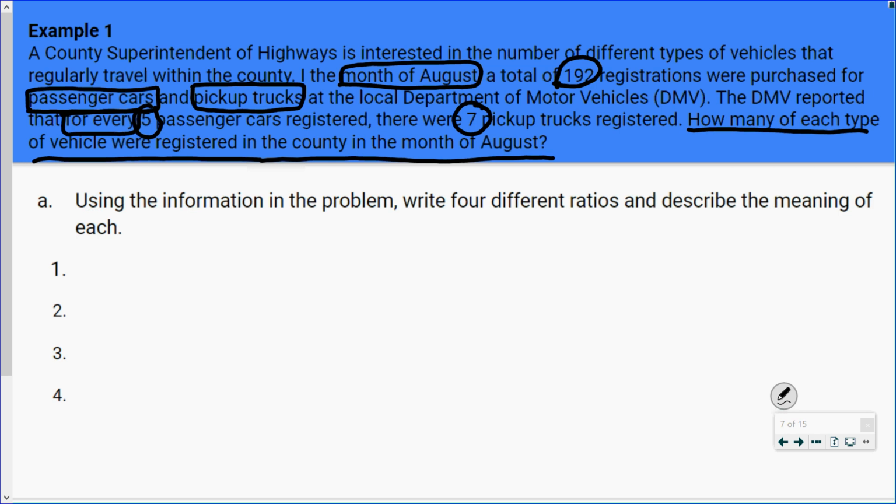So having looked at all that, let's start with part A. Using the information in the problem, write 4 different ratios and describe the meaning of each. Okay, what first ratio can you get out of there? Anybody tell me? With the numbers they gave you. Cars to trucks.